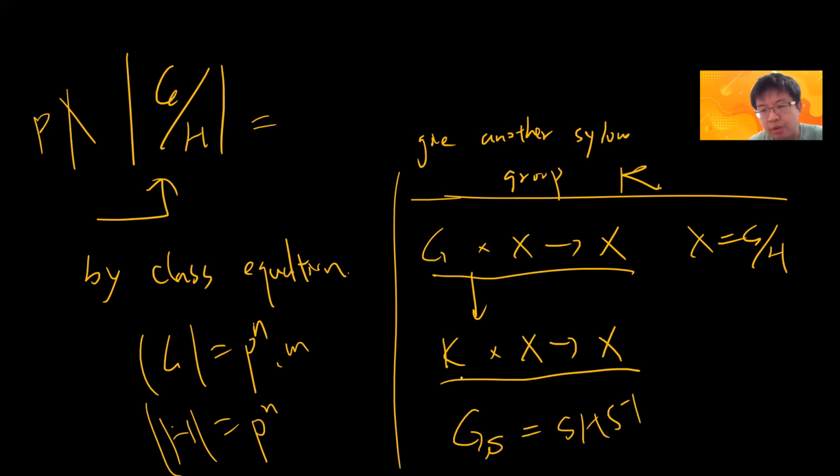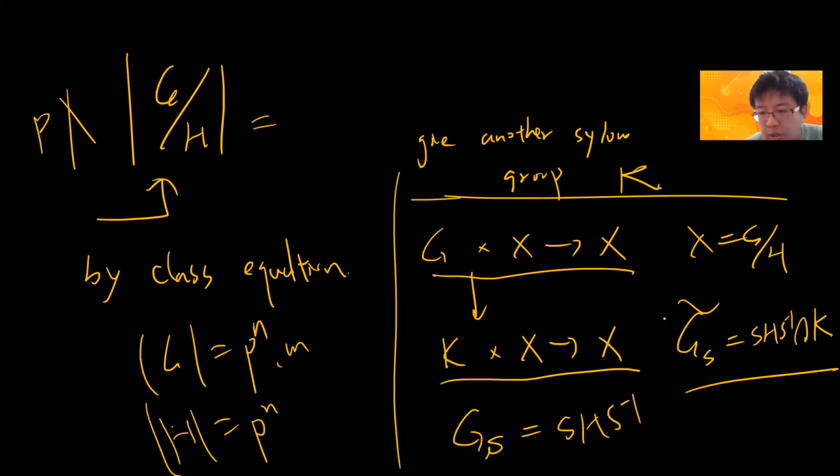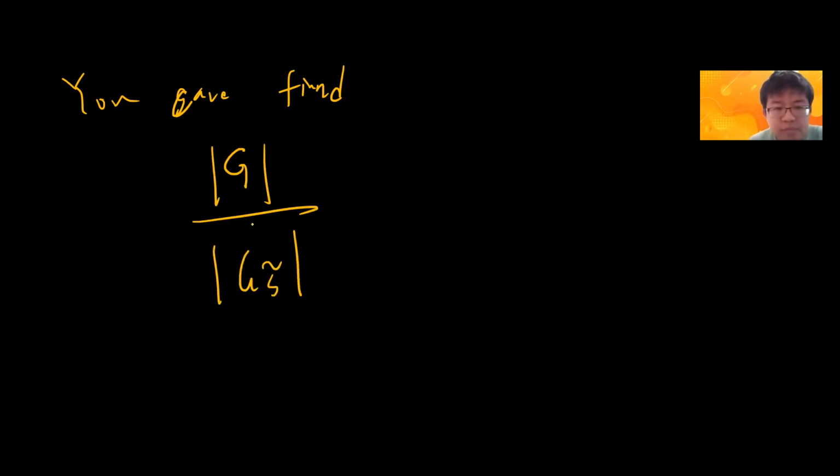So in this K action, your stabilizer is just the original GS intersected with K. Okay, so now your stabilizer, let me call it GS tilde, is S H S inverse intersected with K. By this lemma, you can find an orbit, you can find a stabilizer, I call it S, such that G divided by this GS tilde is not divisible by P, right?